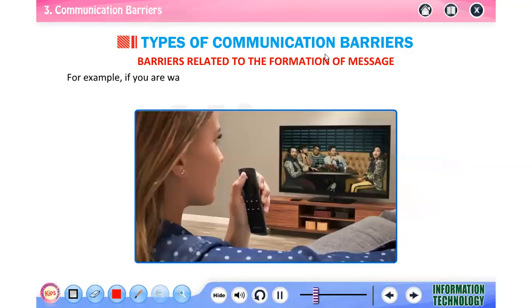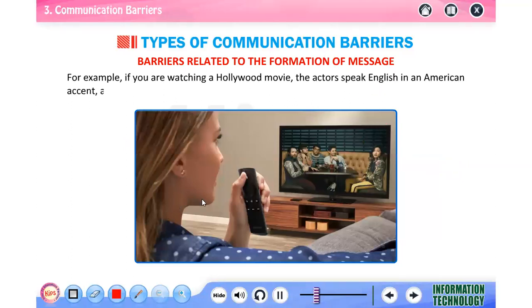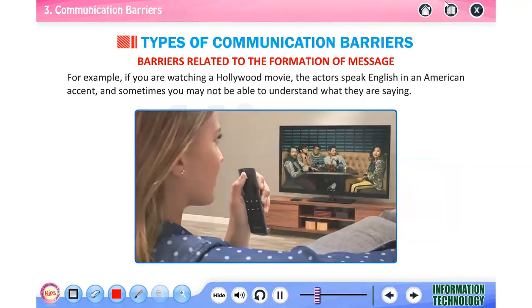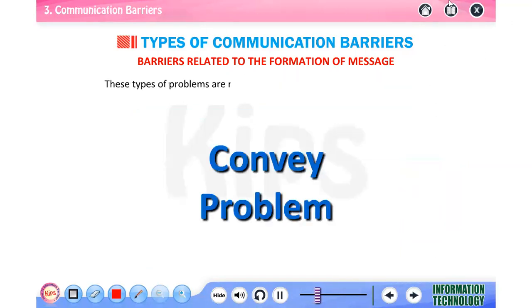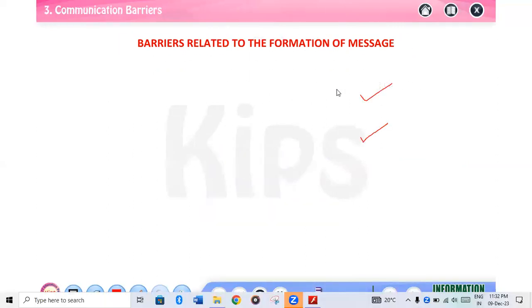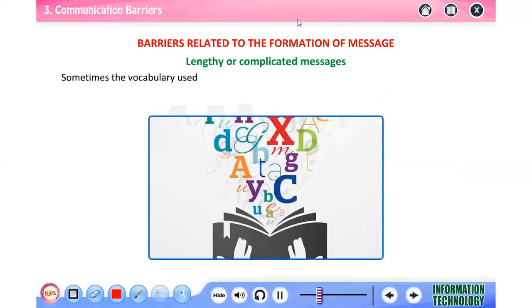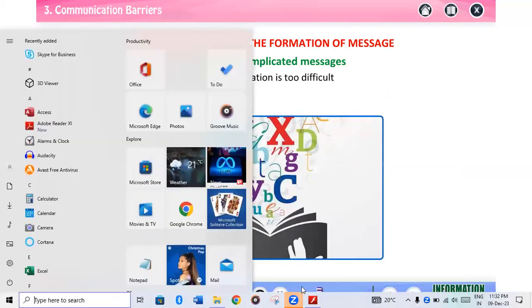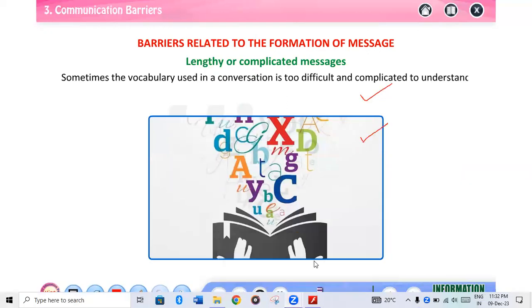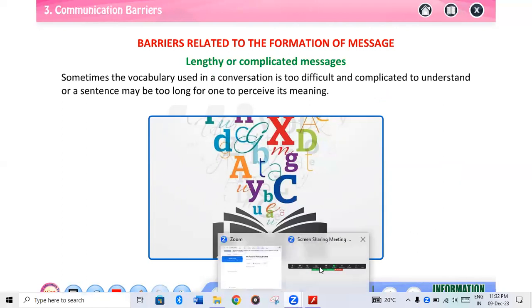These types of problems are related to the message that has been conveyed. Lengthy or complicated messages. Sometimes the vocabulary and pronunciation is too difficult and complicated to understand, or a sentence may be too long for one to receive its meaning.